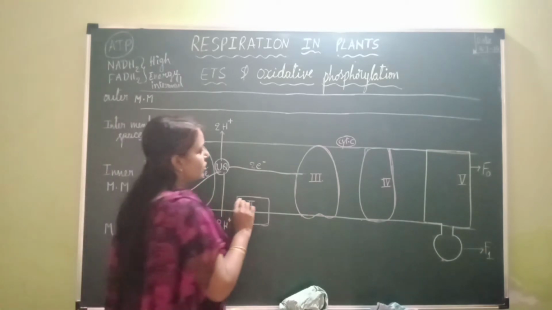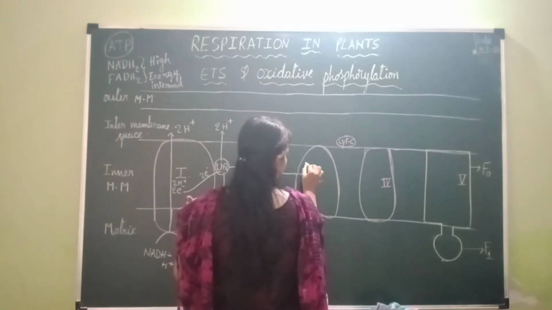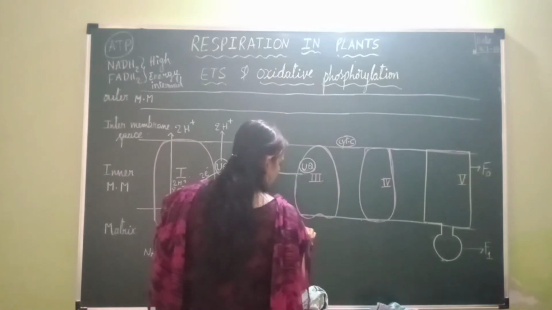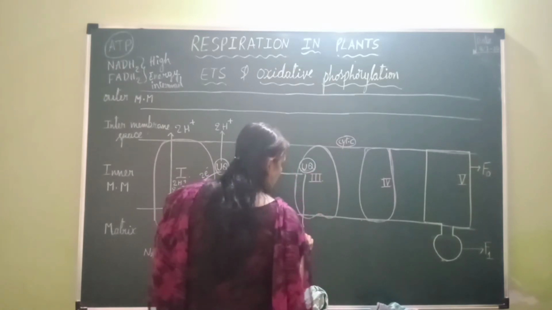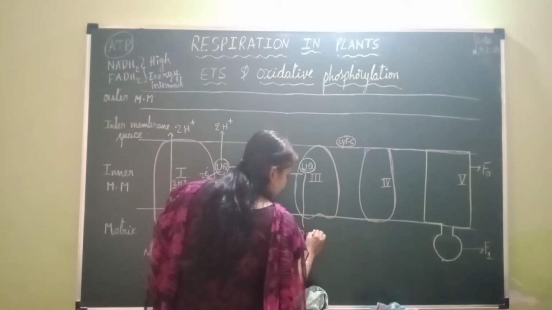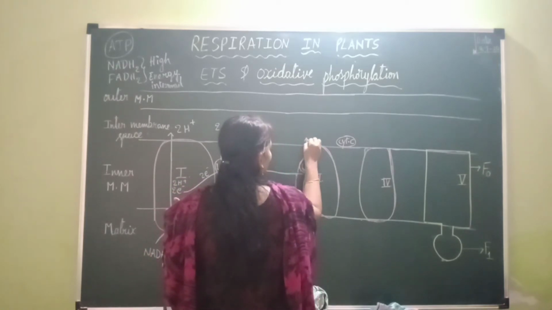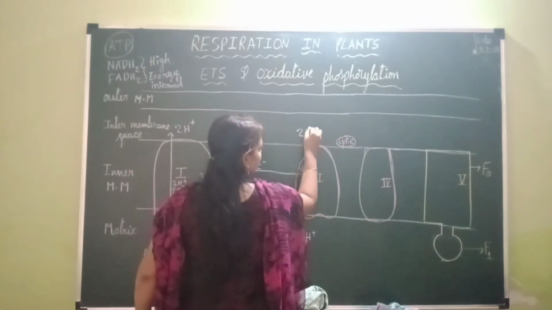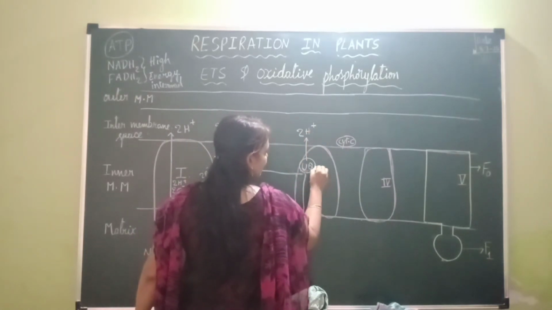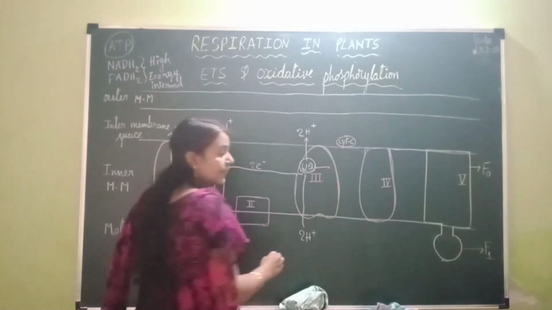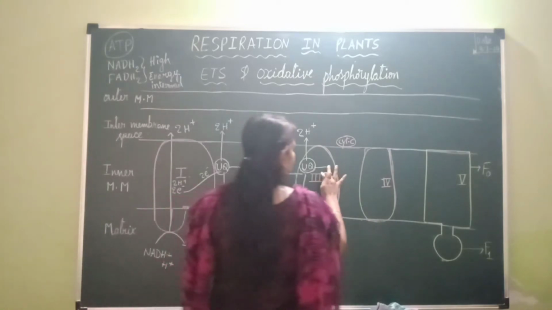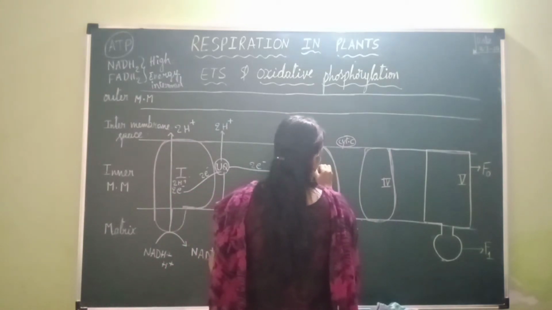Again, this ubiquinone is a mobile carrier. It consumes two protons from the matrix and pumps these two protons into the intermembrane space, but transfers the electrons to the next carrier of the third complex, that is cytochrome C1.